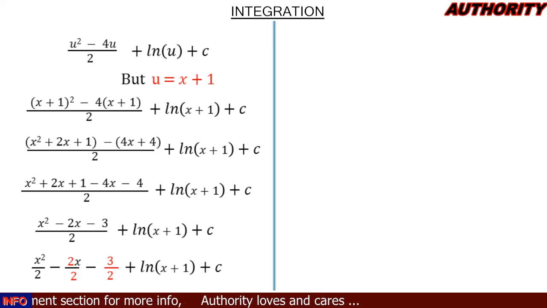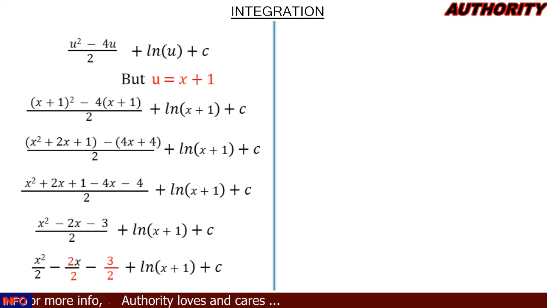We see that minus 3 all over 2 is a constant. It's just a number. And we already have a constant, c. That is, we already have something to represent the number, which is c, as a constant. So it will not be proper if we still have minus 3 all over 2 and still have a letter representing a constant.